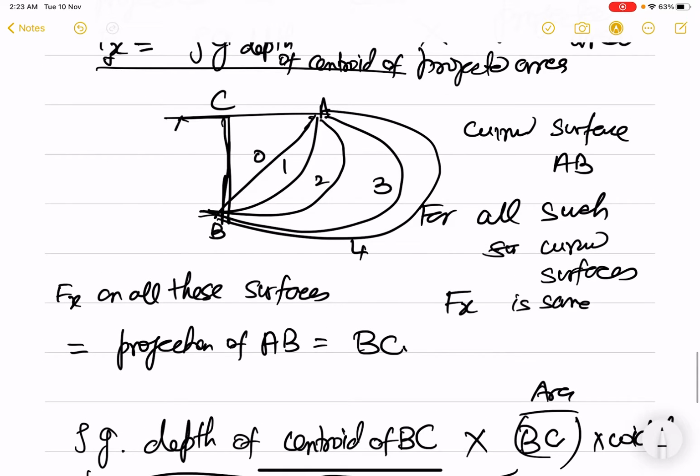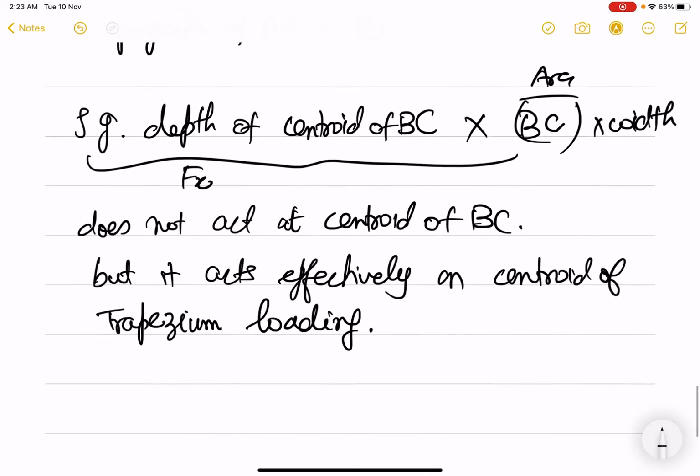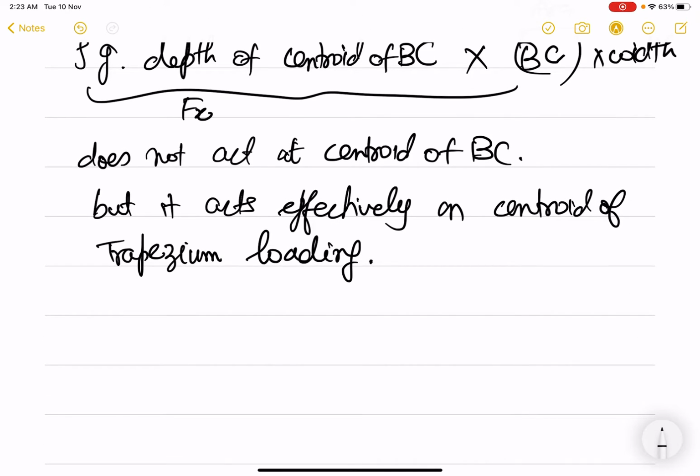So net Fx will act at the centroid of this loading. So this is what we have for the horizontal force.